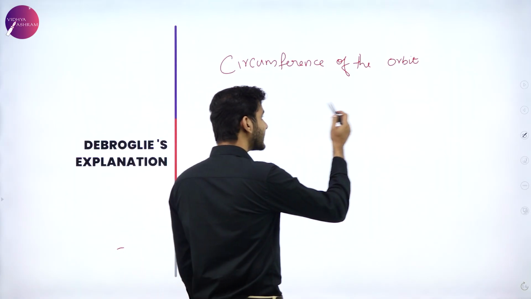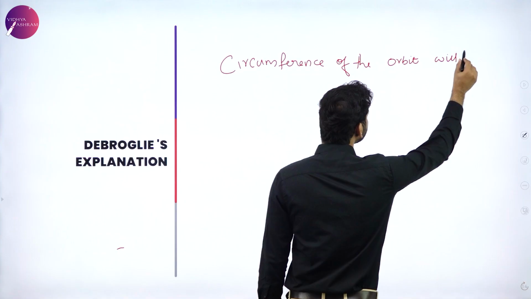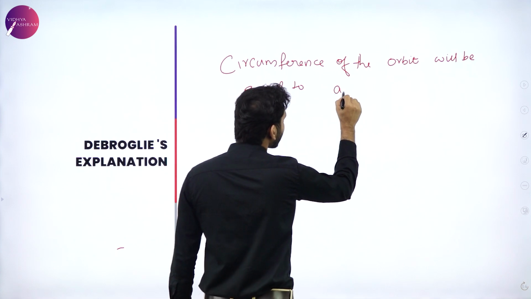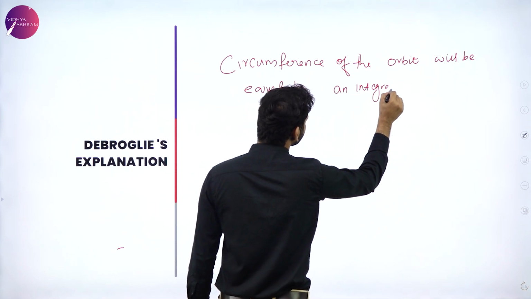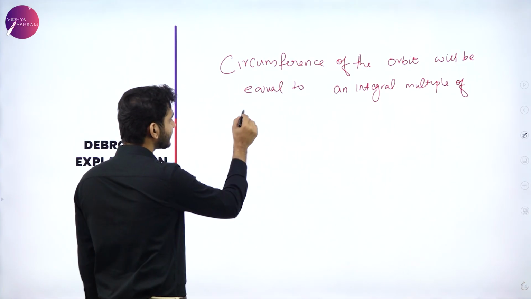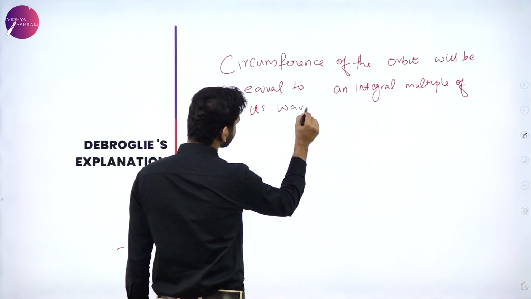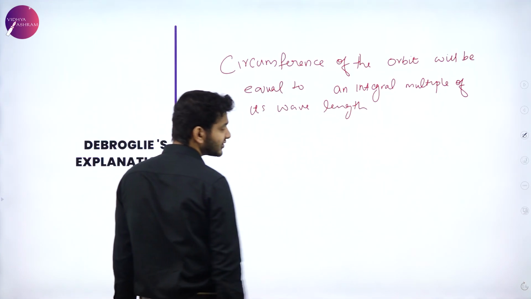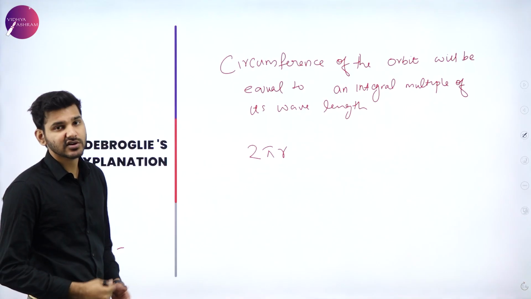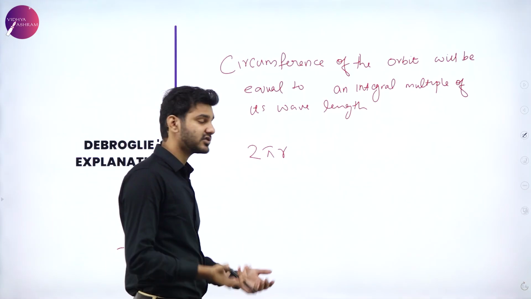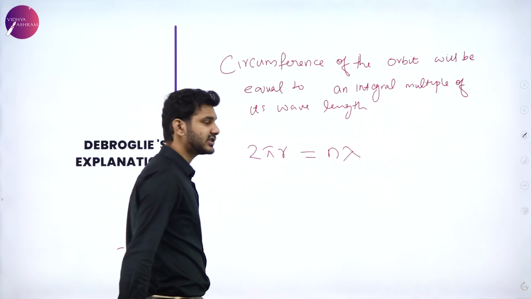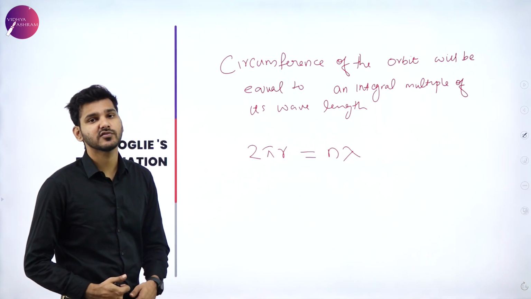Which means that 2 pi r, which is the circumference of a circle, since we are assuming that the orbit is a perfect circle, will be equal to n lambda. This is the primary assumption which we are taking.